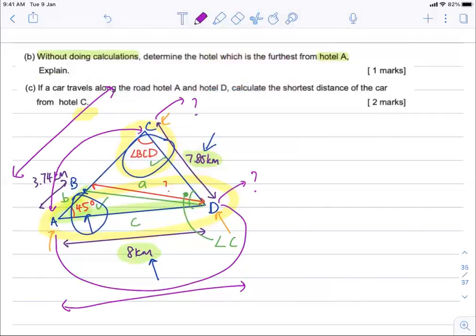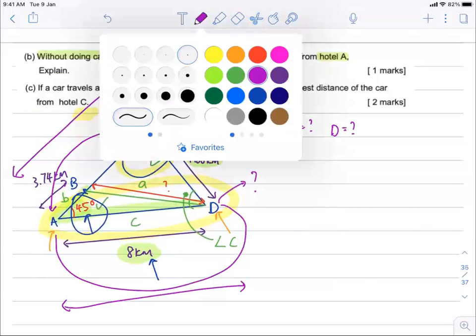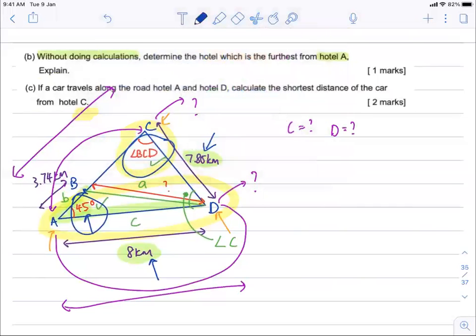So this is something that we did not know, right? So obviously B is very near to hotel A, so B is definitely not the answer. So we need to know, is it C or D? And we need to find it without doing any calculation, so we cannot use the formula that we used in the previous question. So the solution to this is we need to compare the angles.